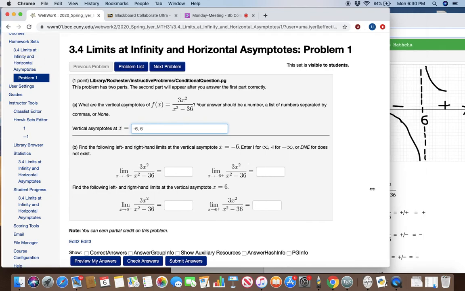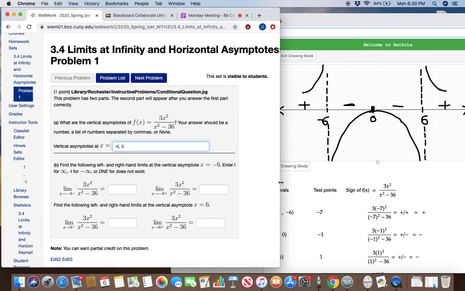Let's see the picture. It's easier to answer this using the picture. Question is, limit as x approaches negative 6 from the left, to the left of negative 6. When I come near negative 6, my curve goes to the top. That is positive infinity.